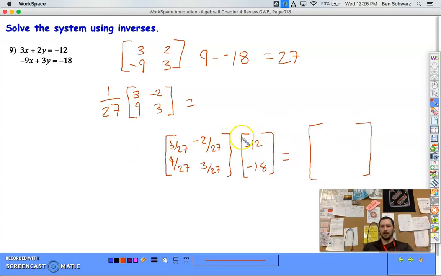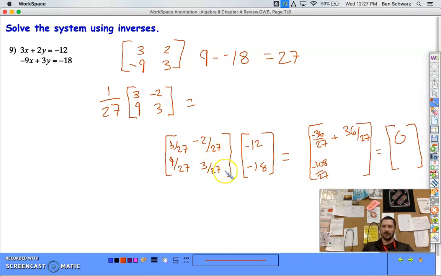Okay, so row 1, column 1. 3 times -12 is -36 over 27, plus -2 times -18, so that would be 36 over 27. Hey, that's easy. That's going to be 0. And then this row times the column, so 9 times -12, -108 over 27.